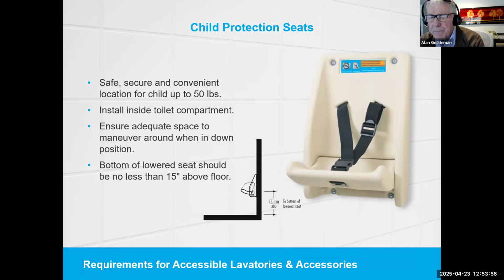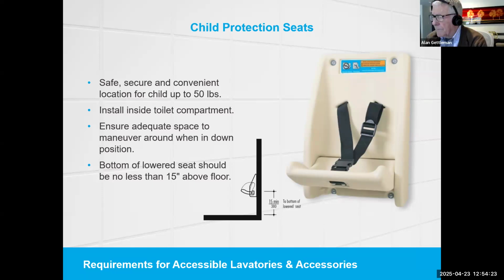Okay, 40 inches above the floor for mirrors over lavatories or countertops. 35 inches above the floor when there is no countertop or lavatory. Perfect. Thank you very much. That is in the ADA.